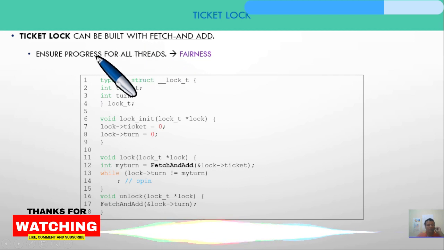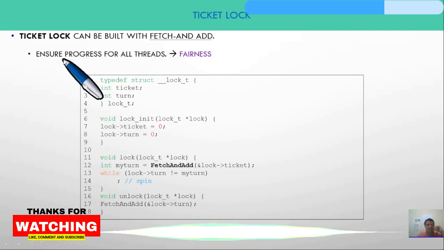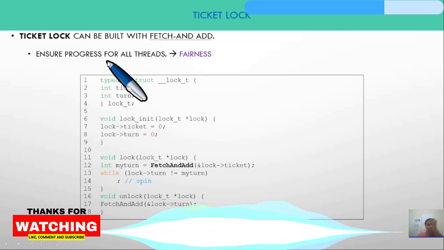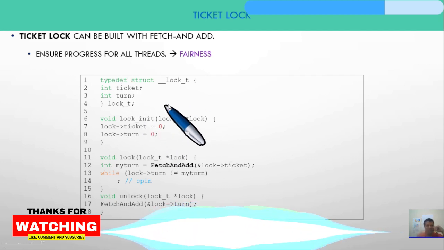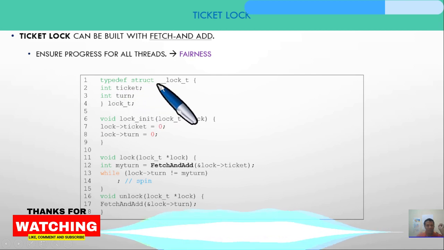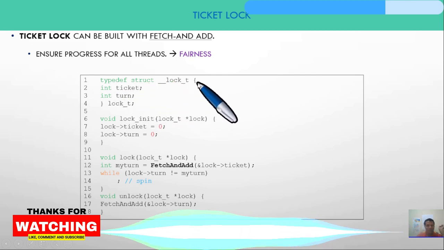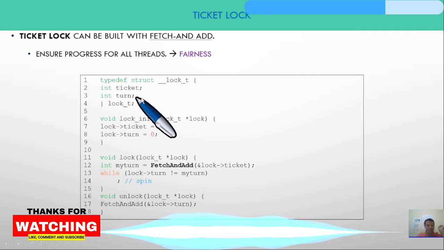Ticket lock. This ticket lock can be built with fetch-and-add, and it ensures progress for all threads. Fairness is very important. And this is a syntax as well. We have the type definition, the structure lock_t, with int ticket and int turn.